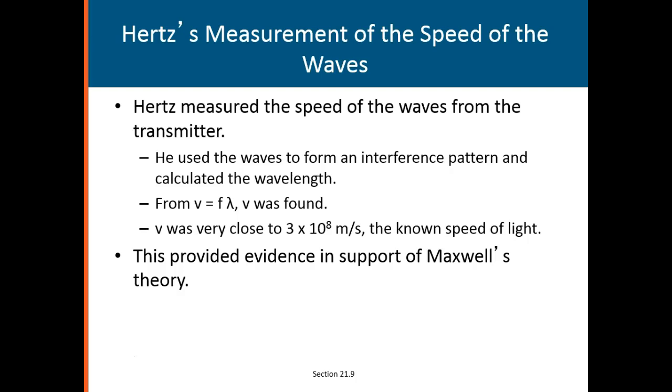V was very close to 3 times 10 to the 8 meters per second, known as the speed of light. This provided evidence in support of Maxwell's theory. And Maxwell did not have the technology to test this. All this was in his brain, that it should work this way, and I've never known of a theory that from beginning to end worked much more perfectly than his did.